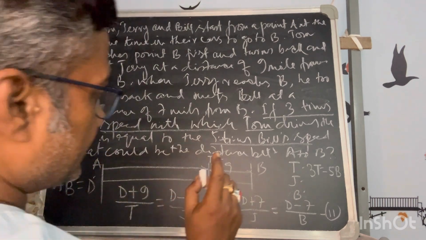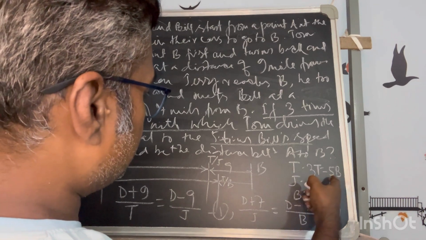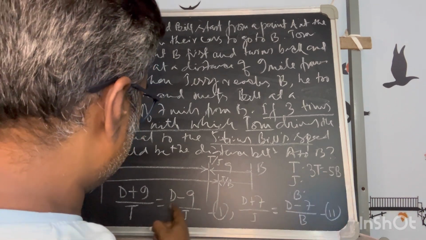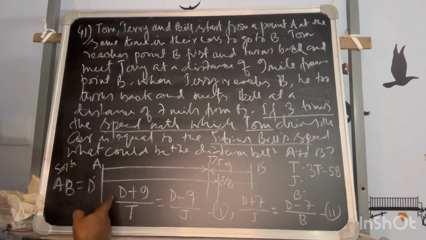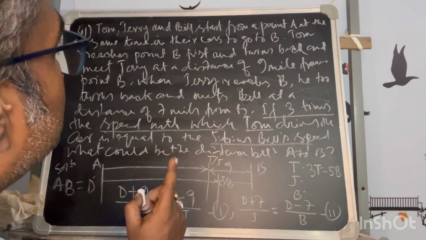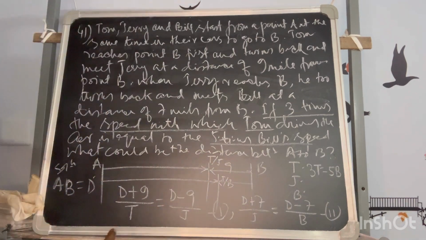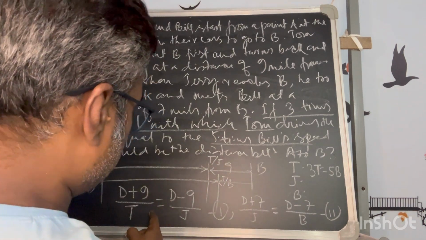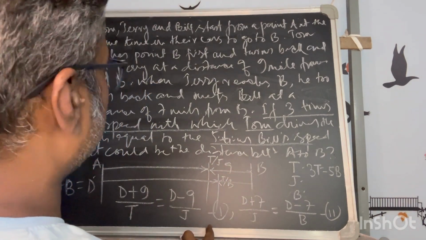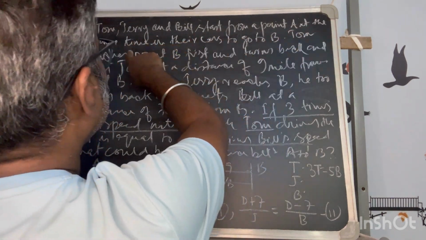Either I can represent their speeds in terms of D. I will not get any definite answer. So let me check if it is possible, because there are 3 equations and I am not getting to find it. The problem: Tom and Jerry start from points A and B at the same time.